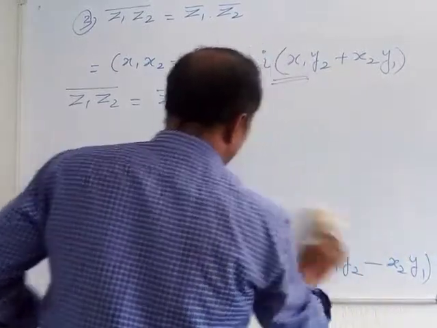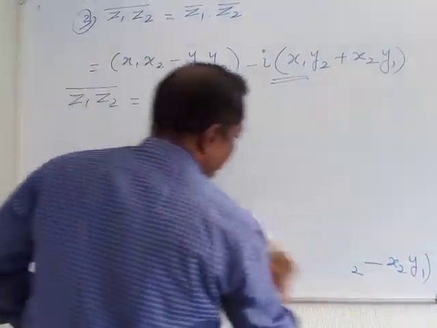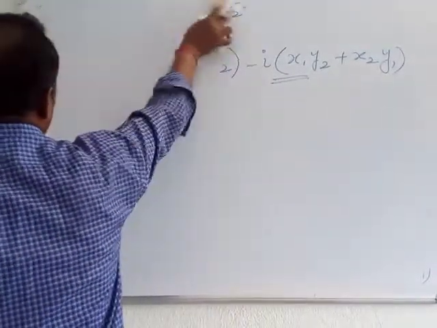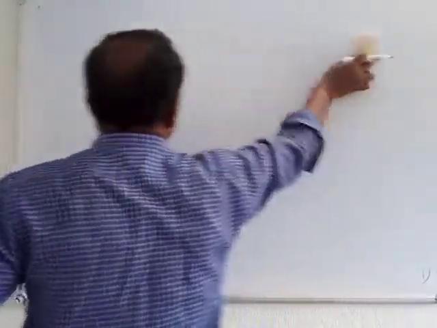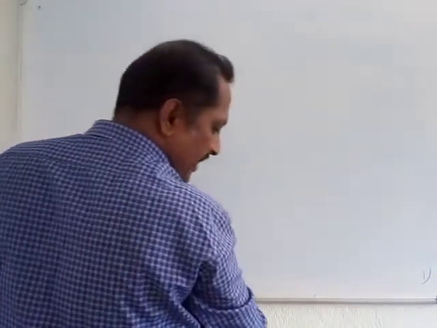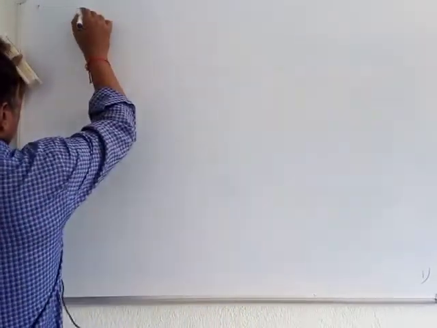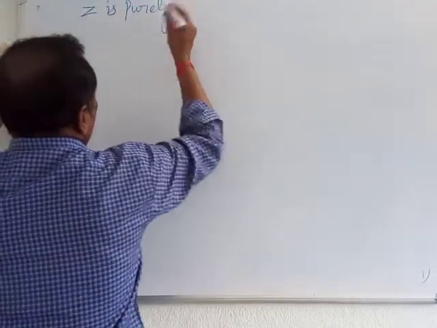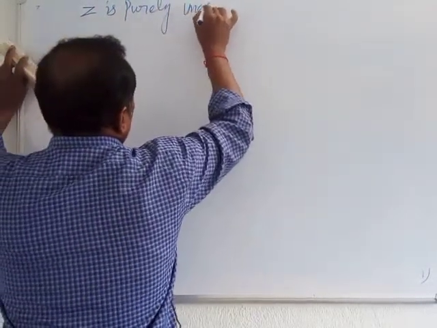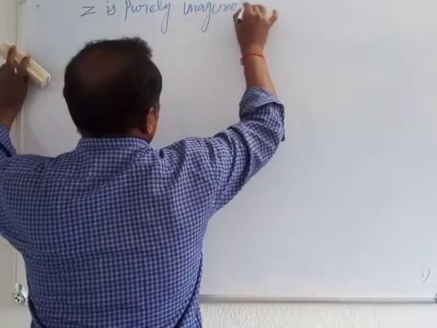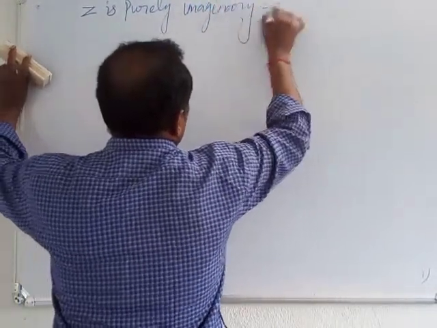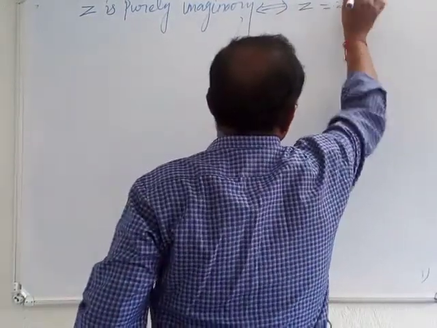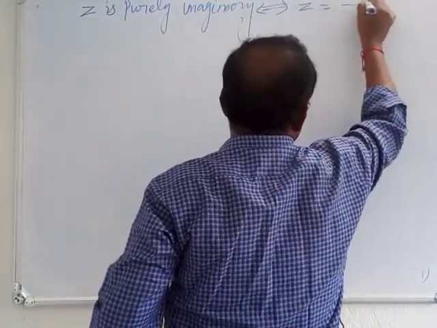Next, the ninth property: z is purely imaginary if and only if z is equal to minus z bar.